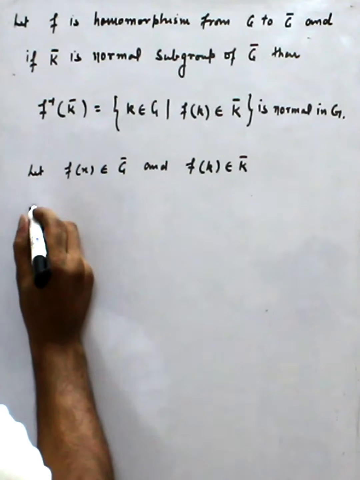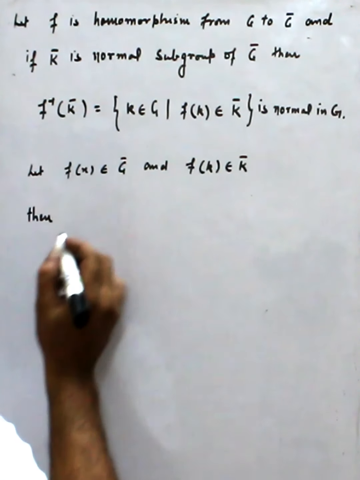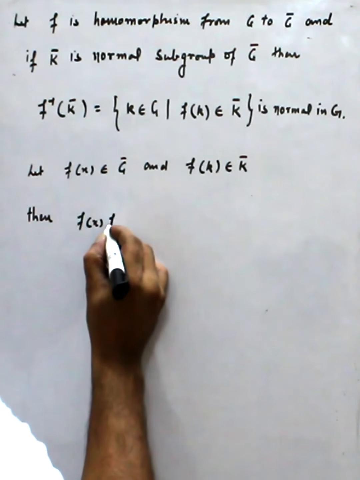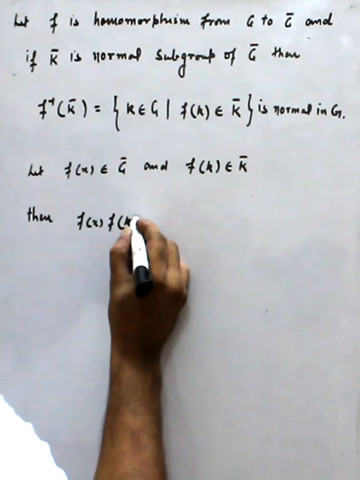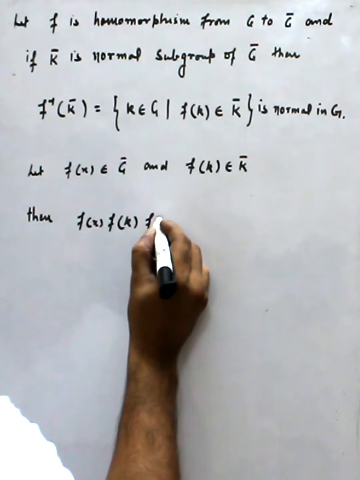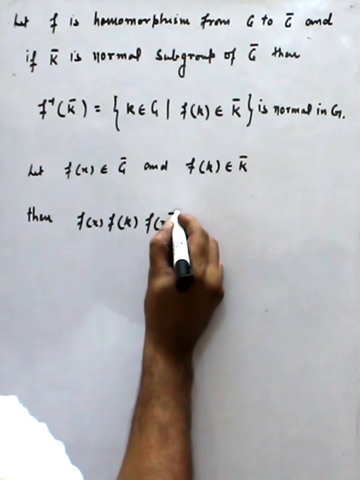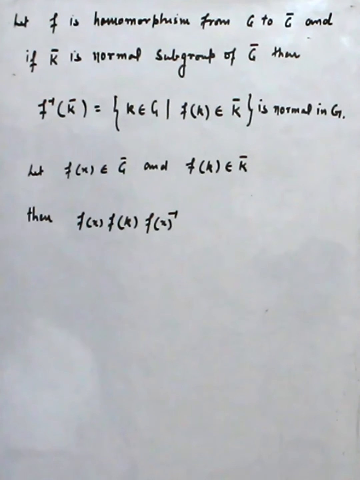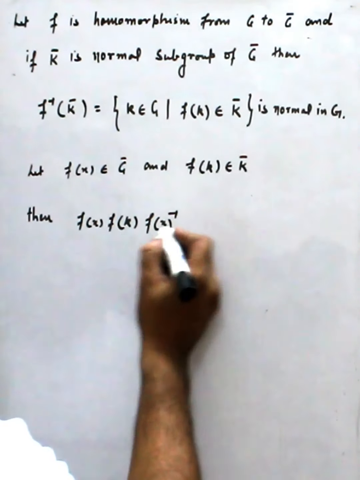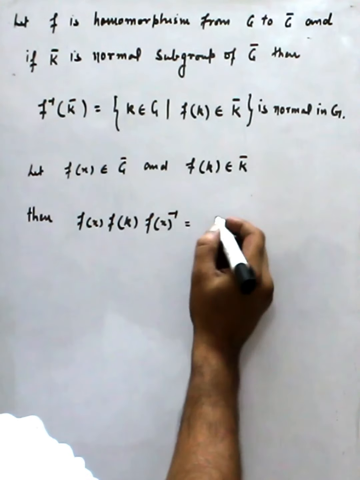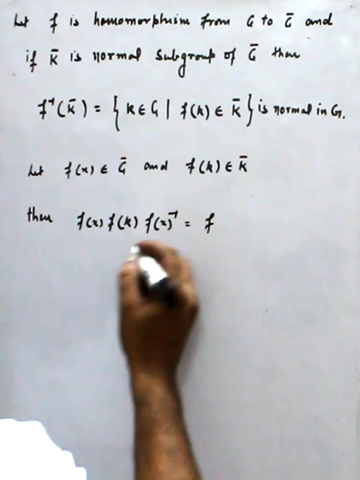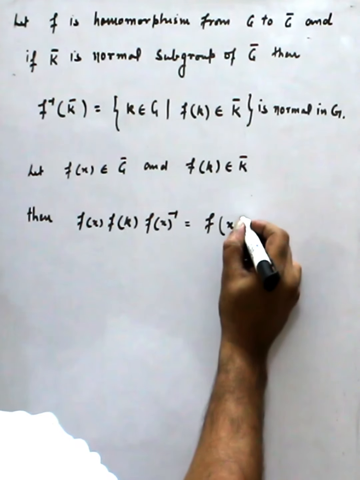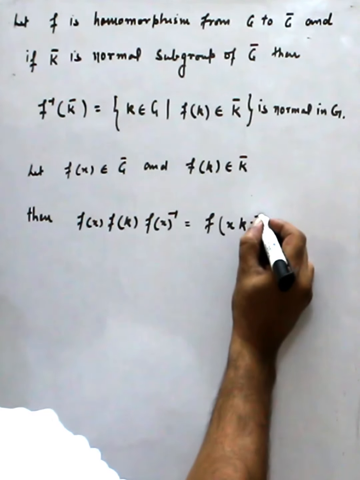Then f(x) f(k) f(x) inverse. This element we have to show is here, right? Because f is a homomorphism, this can be written as f of x k x inverse.